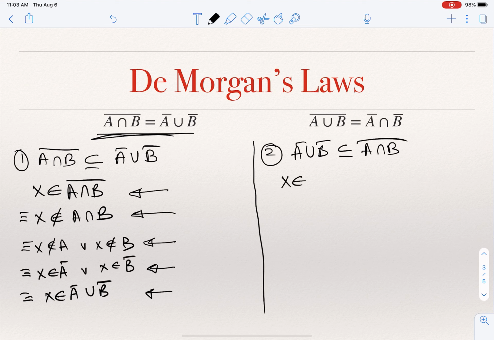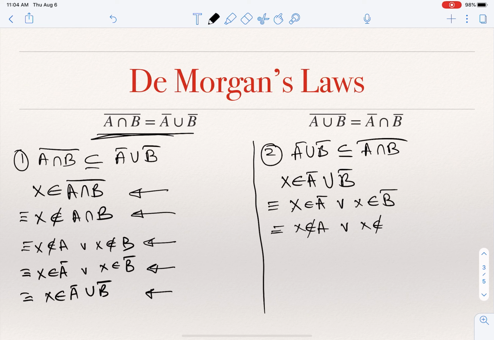I assume that x is in the union of the complement of A and the complement of B. This is equivalent to saying that x is in the complement of A or x is in the complement of B, which means that x is not in A or x is not in B, right?